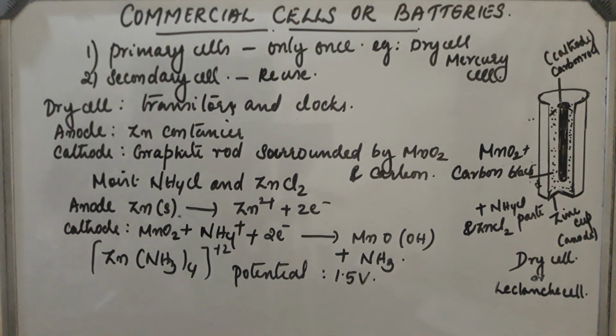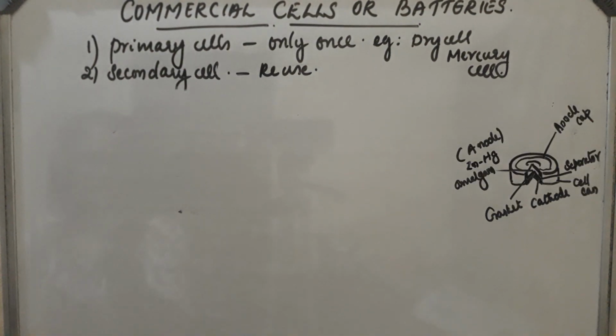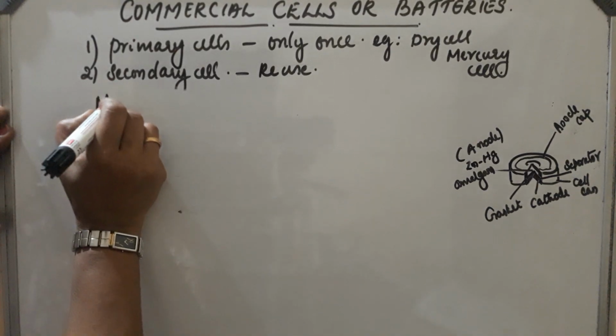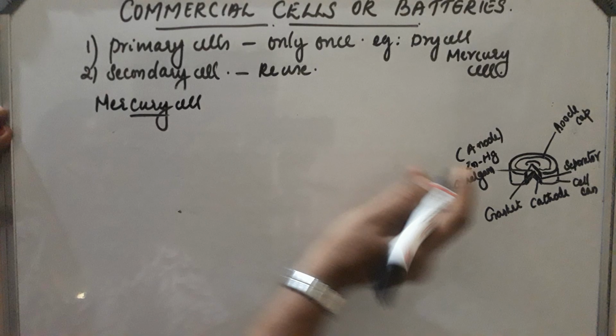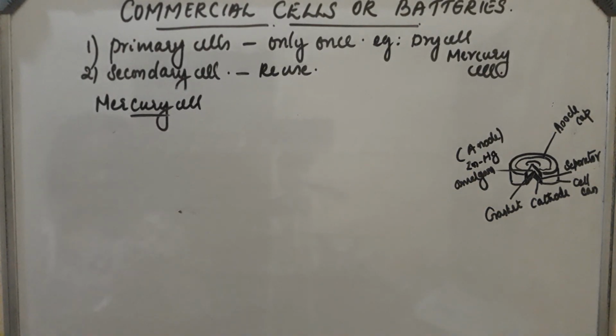Now let us discuss the mercury cell. This is a picture of the mercury cell. It is a primary cell. We can use it only once, then after one use it becomes dead and we have to throw it.